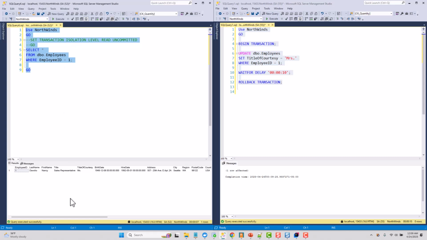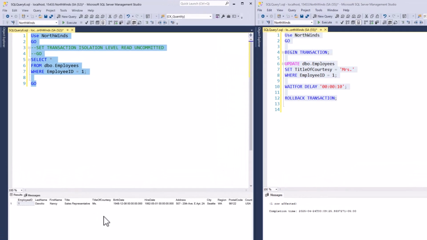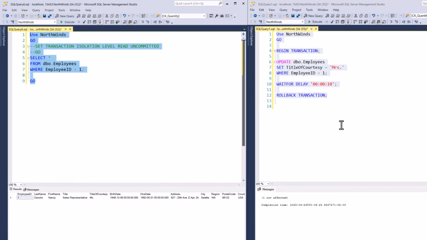So what happens is that this transaction is blocking this from going ahead and reading. It's going to wait until it's finished, and notice that we have the MS dot that is returned because it's waiting to execute the select until this is completed.